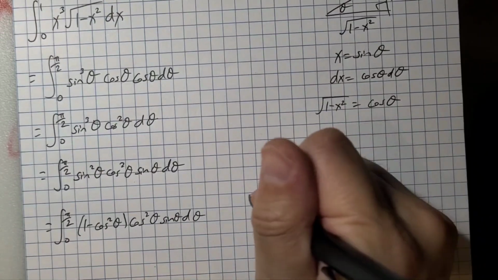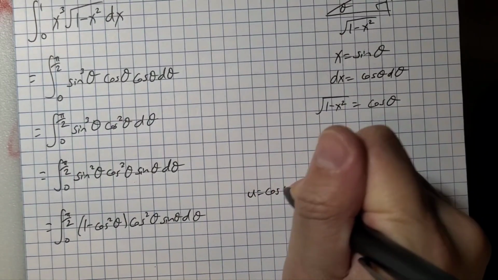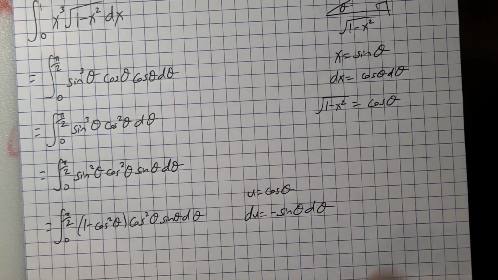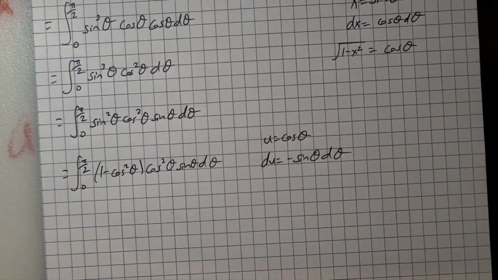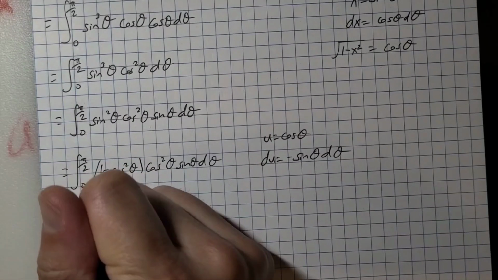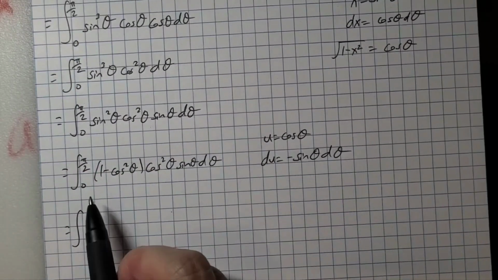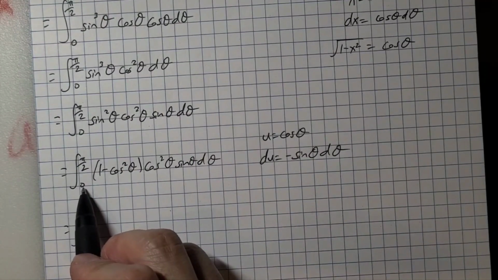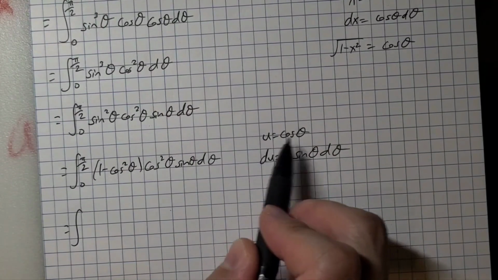Now we make a substitution. U would be cosine theta. Du is minus sine theta d theta. Okay? So, we made another substitution. We had to change the limits of integration once again. When theta is 0, what is u?